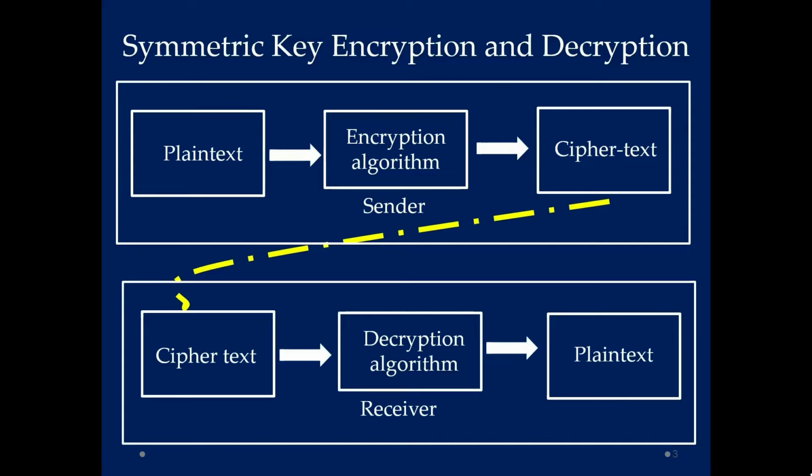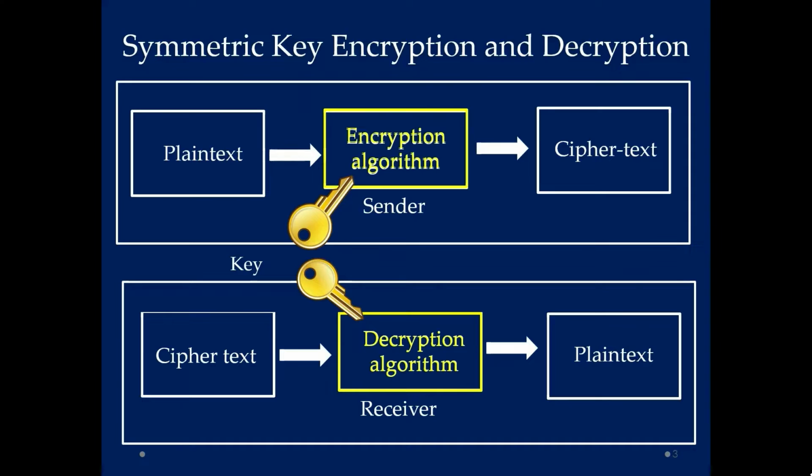Now, the recovery of this plain text is possible only if the receiver uses the appropriate key. So when the encryption and the decryption algorithms both share the same secret key, the sender uses the key for encryption and the receiver uses the same key for decryption.